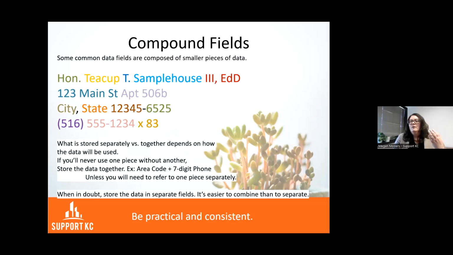If you will never want to do anything but call or mail to this person, if we're never going to aggregate this, if we never want to say, show me everybody who lives in Kansas City, show me everybody who lives in the 12345 zip code, show me everybody whose last name starts with S, then you can store this all as one block.